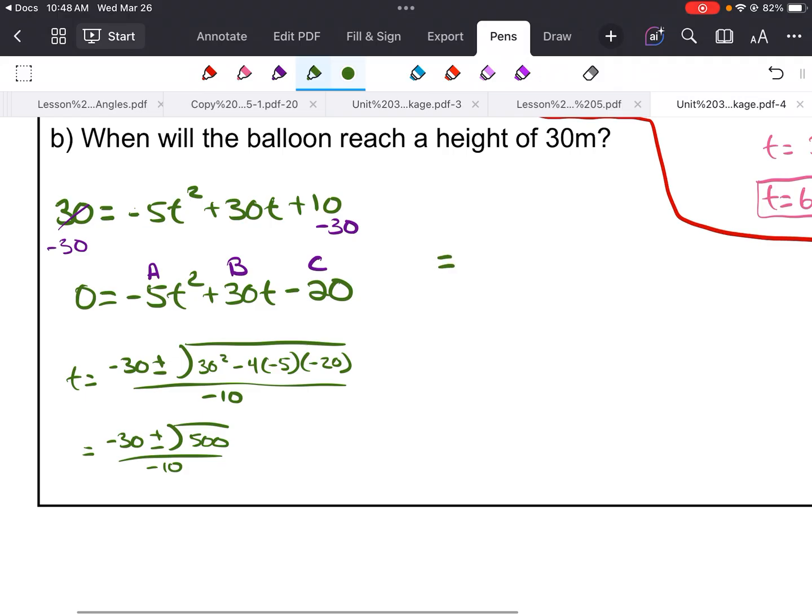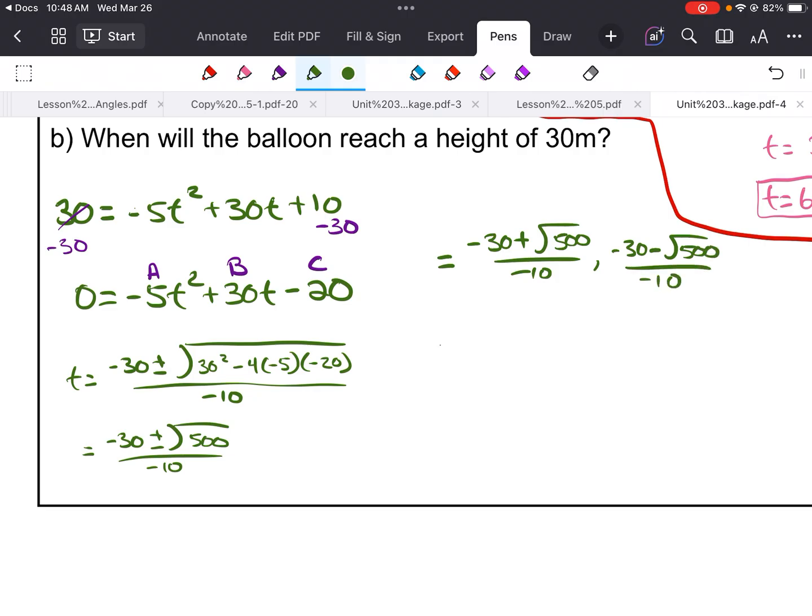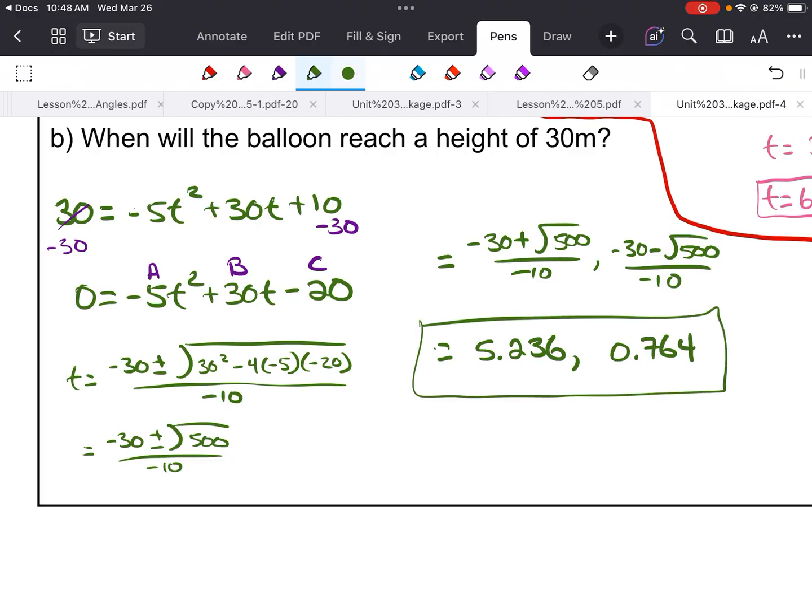So we have negative 30 plus the root of 500 over negative 10, or negative 30 minus the root of 500 over negative 10, which gives us 5.236 and 0.764. So those are the times that the balloon reaches 30 meters.